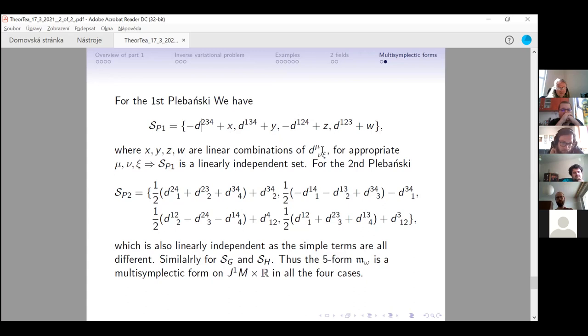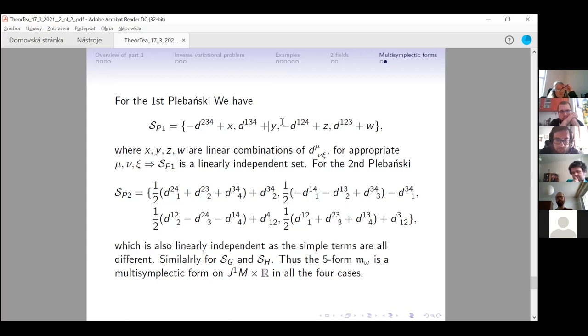They are always of 1 index up and 2 index down. So it will be something like always dq wedge dp wedge dp. And so you cannot get rid in any way of these terms which have 3 indices up and are obviously different in all the 4 elements.